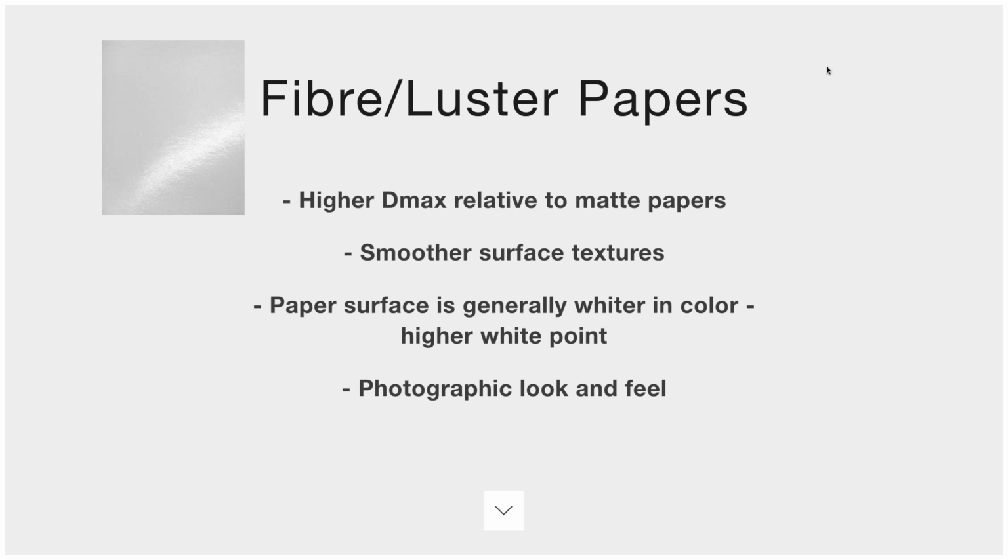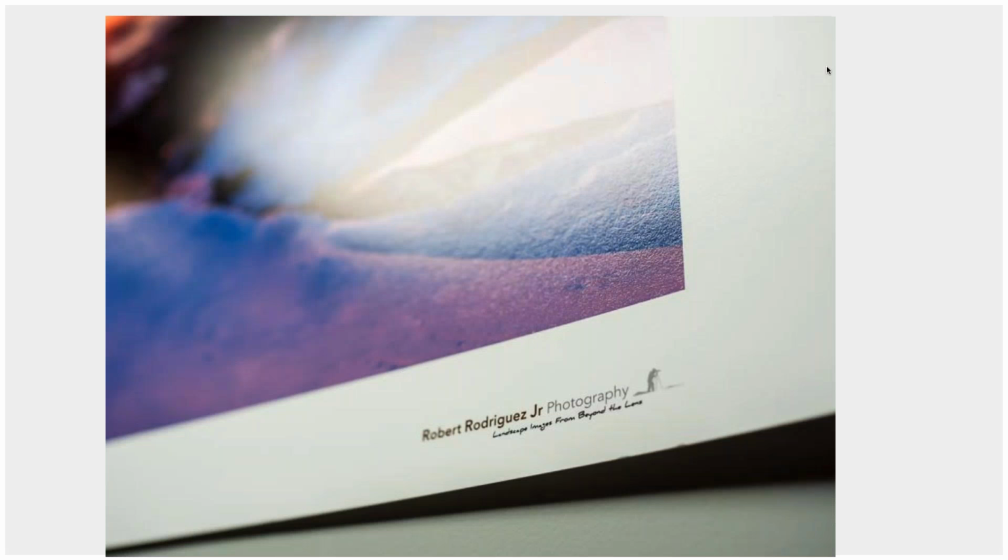And there are various levels of reflectivity and texture in this category, but in general, we can all call them luster papers. They're not as reflective as gloss, for example, but definitely more reflective than any kind of matte paper. The critical visual difference is the level of Dmax, or black density, that these papers can hold, and that's what really makes them stand apart from matte papers.